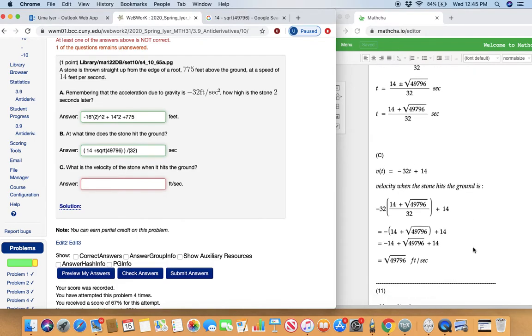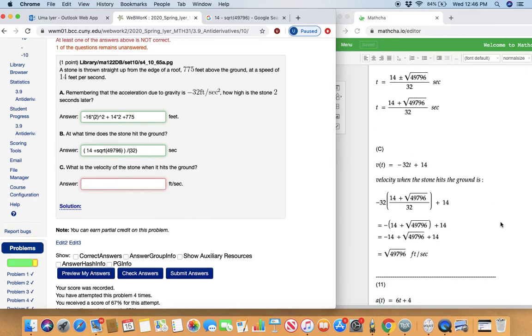Okay, so negative 32t plus 14. Negative 32 times blah plus 14, right? Blah was the time when the stone hits the ground. Fortunately we could have input all of this here, but immediately you notice 32 and 32 cancel.